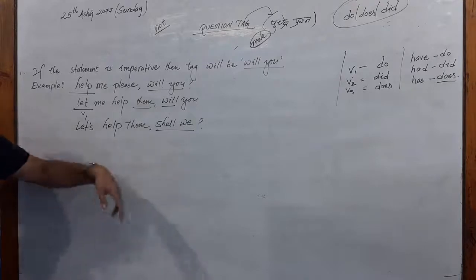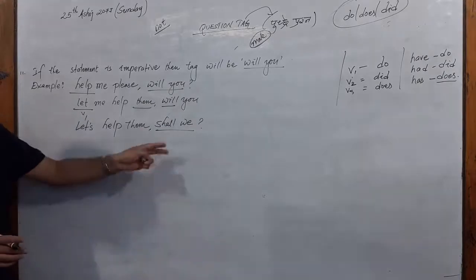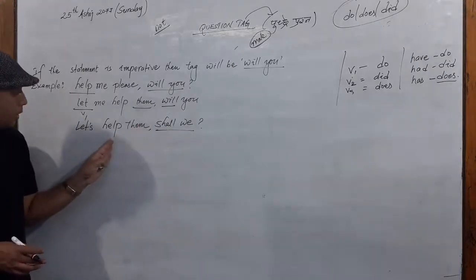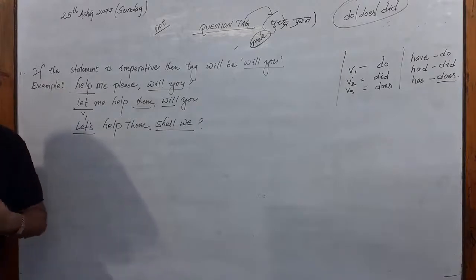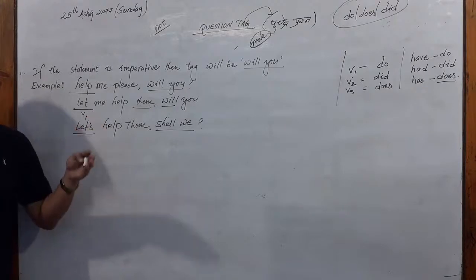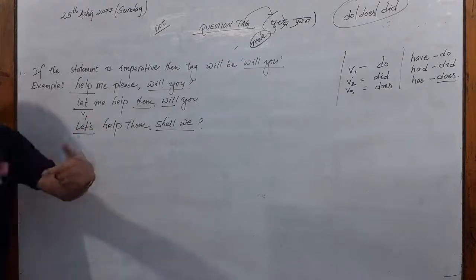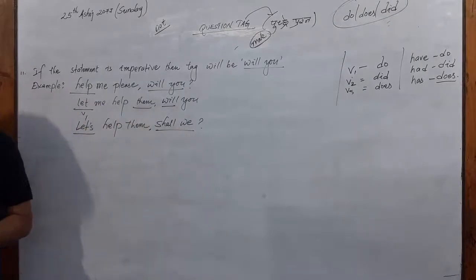We will not use will we. We always use shall we. Why have I used shall we here? Let's means I am also there and you are also there. If I make I plus you, then it will be we. So at that time, the pronoun we will be there.